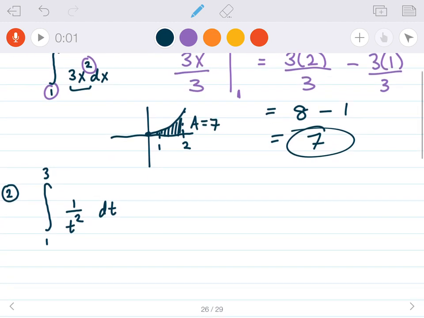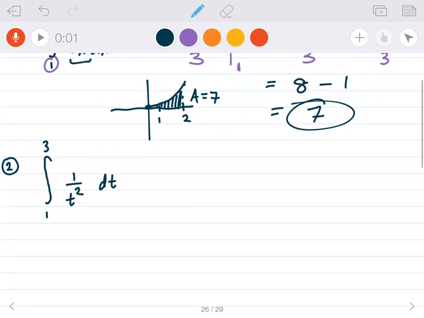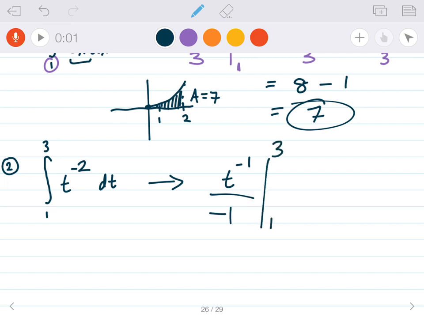All right, let's do another example. First things first, I'm going to rewrite this as t to the negative 2, so I can do my little antiderivative trick. So I'm going to take the antiderivative. If I add 1 to this, it's t to the negative 1, divided by whatever that is, negative 1. And then I'm evaluating from 1 to 3. So I'm going to first plug in 3 for t.